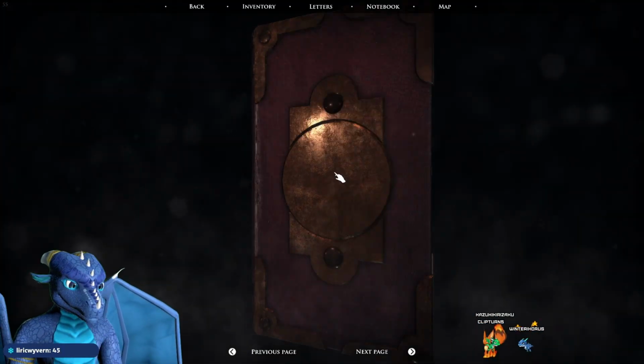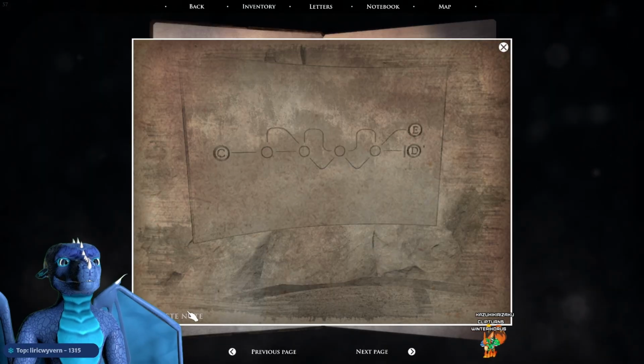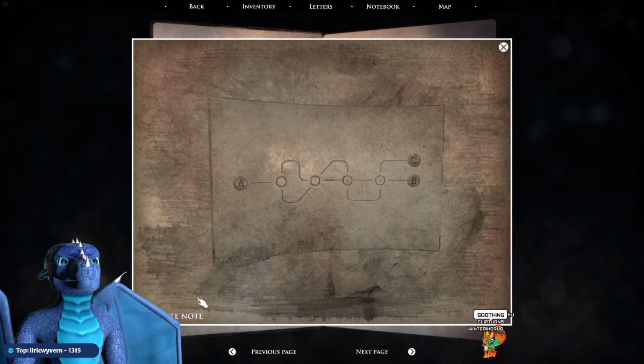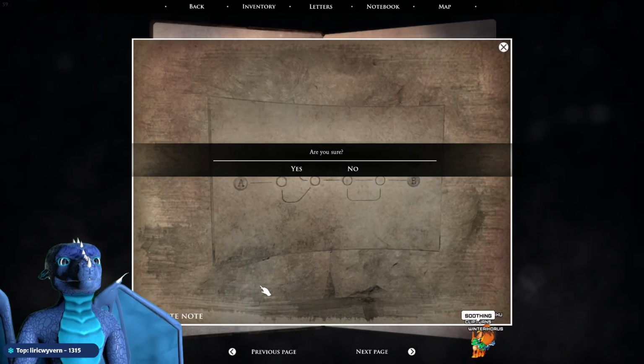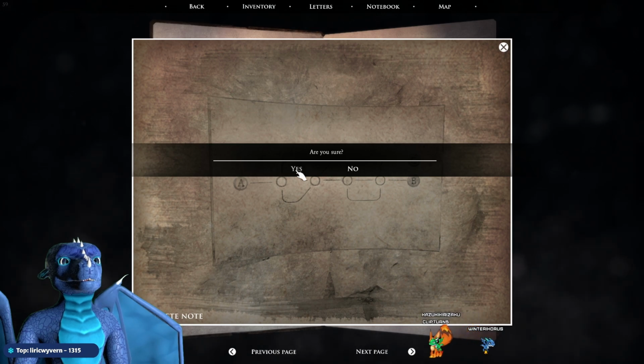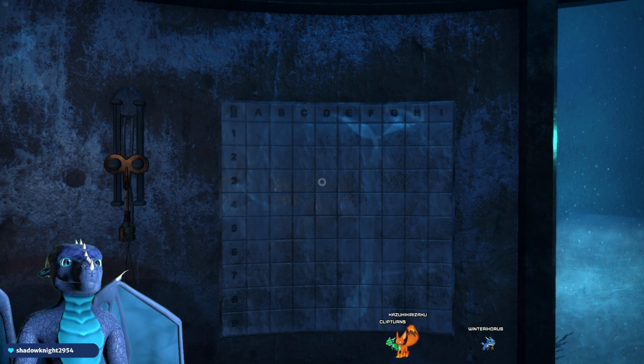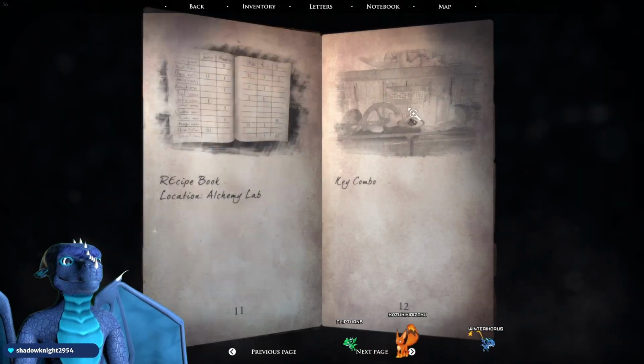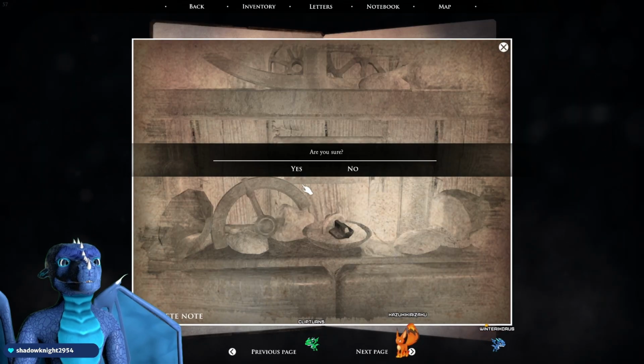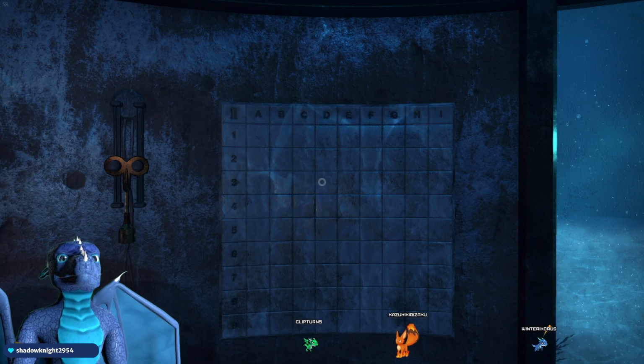Okay. We can really quickly go and delete these, because we don't need these as reference anymore. I thought we were going to have to memorize... yes, sure. Okay. We also probably don't need this key note anymore.